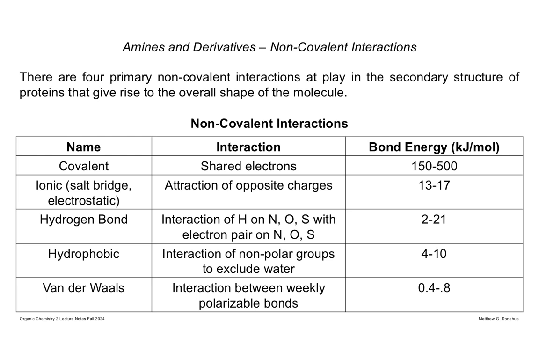So what are the interactions? Covalent, that's your typical covalent bond energies from 150 to 500. And then you see the next four, those are non-covalent interactions. So there's salt bridge, that's like a carboxyl and an ammonium, so something like this.